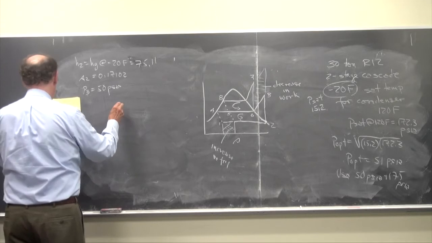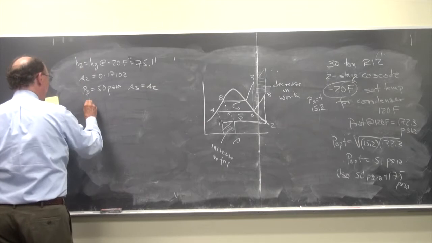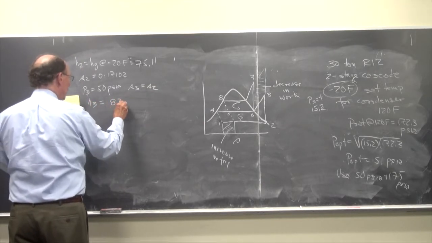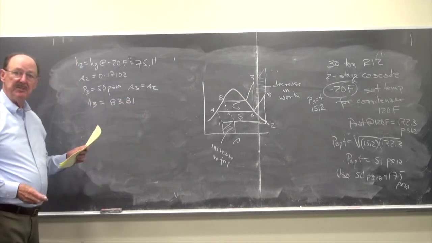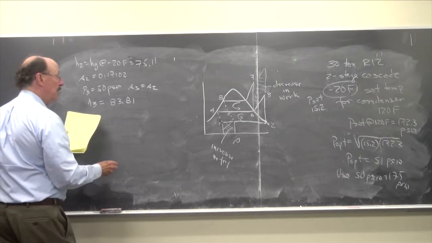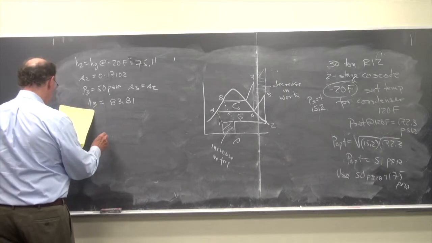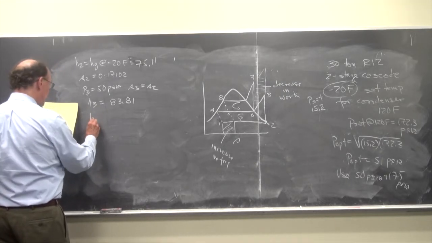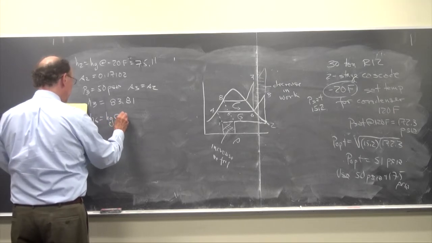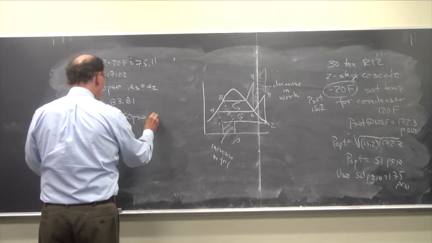And S3 is equal to S2, and therefore H3, you look up in the superheat tables, is 83.81. So this is just going through the tables as we've done before. And we're using R12. And then H6 is equal to H sub G at 50 psia, which is 81.2.